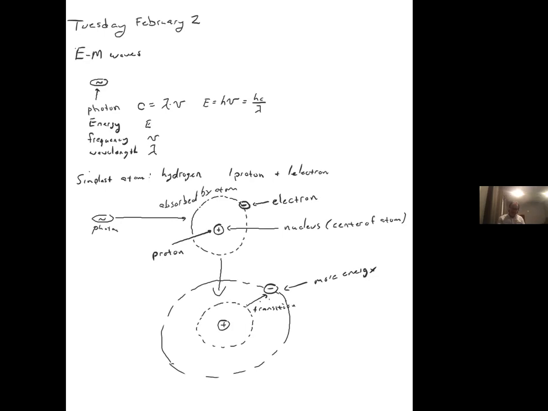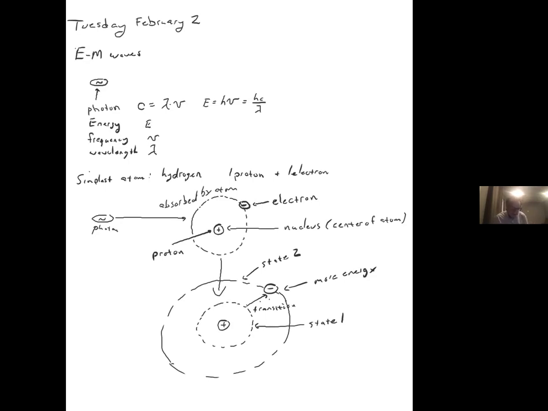And there's a difference in energy. So I'm going to do the following. I'm going to call this state 2, meaning it's the final position or the final orbit of the electron. And I'm going to call this state 1, the initial orbit of the electron.